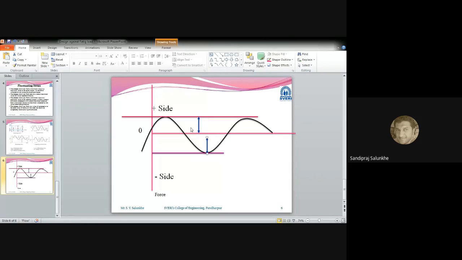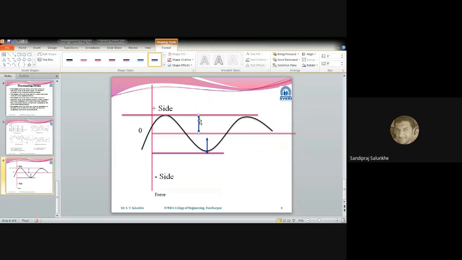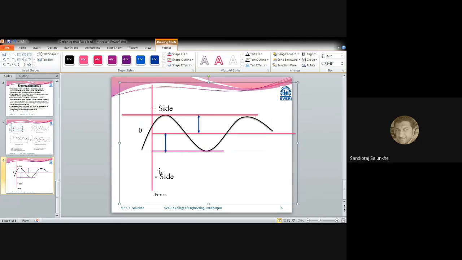Now it is not exactly the same, so I will take this graph somewhat to the upper side, as I am not going to draw with scale, that's why this is a problem. So if these blue lines have the same quantity, then we are going to call it completely reversed.